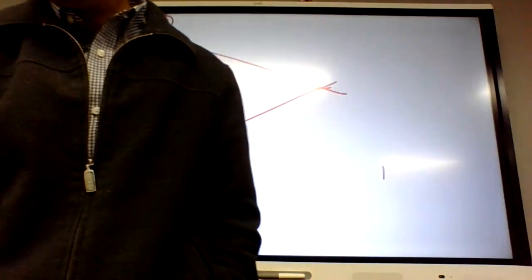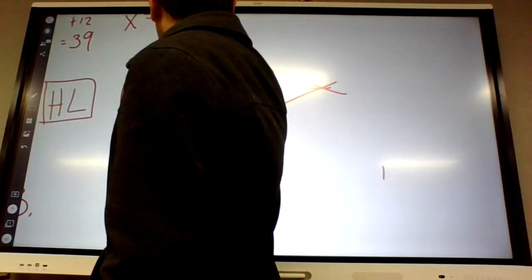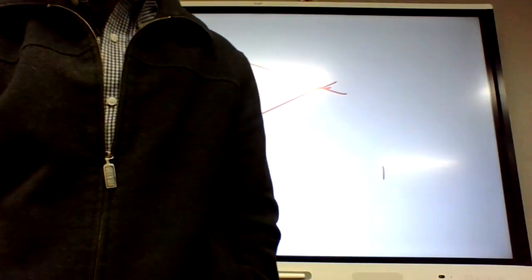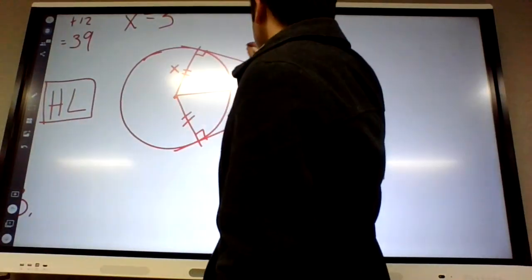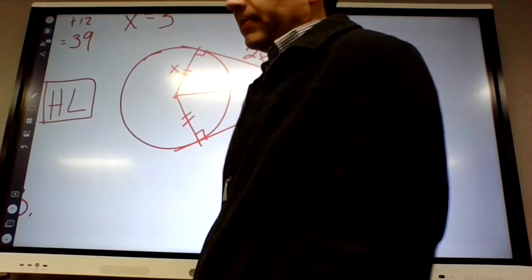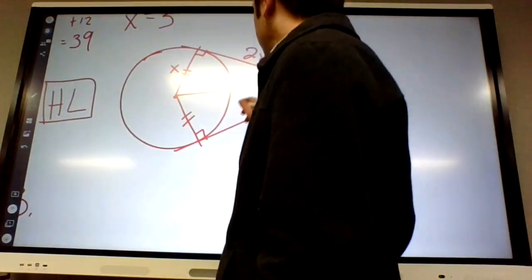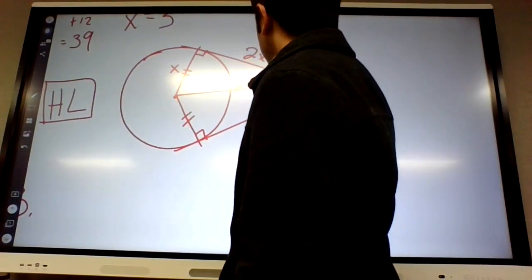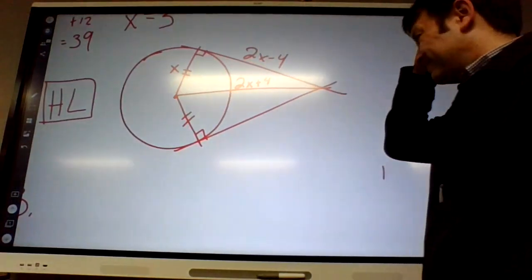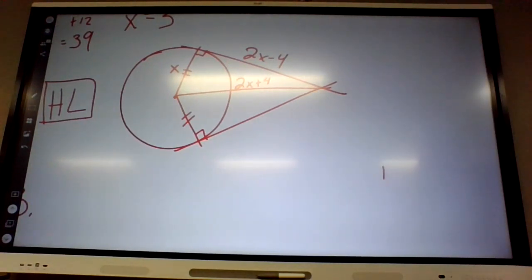QR is X. Now I put it in the wrong spot. RS is 2x minus 4. And QS is 2x plus 4. Whew, this one's a doozy.